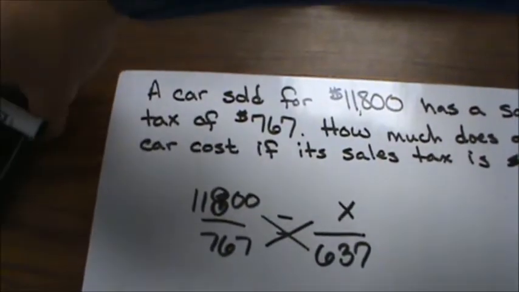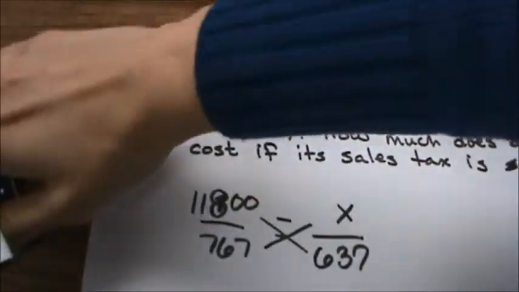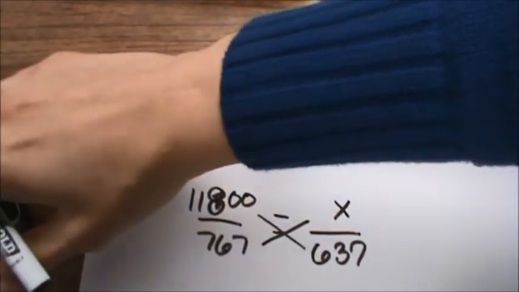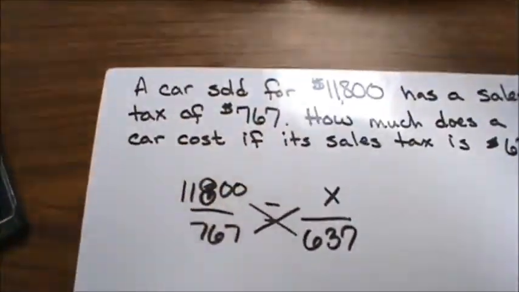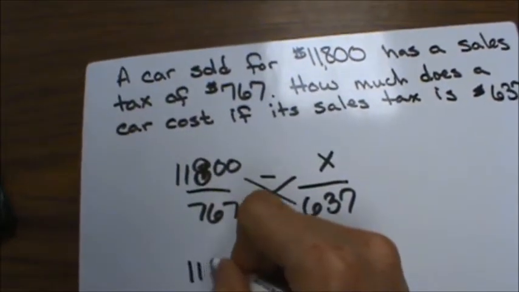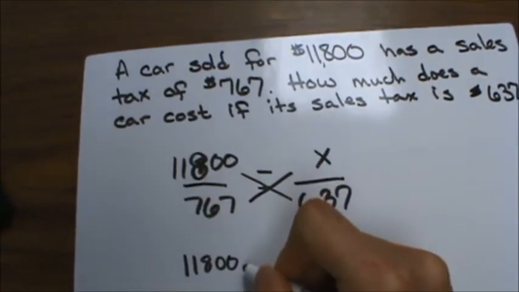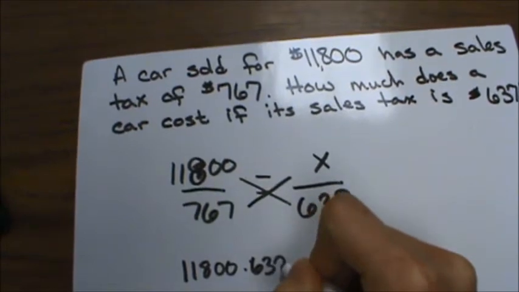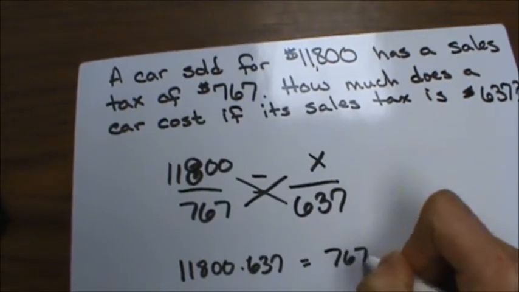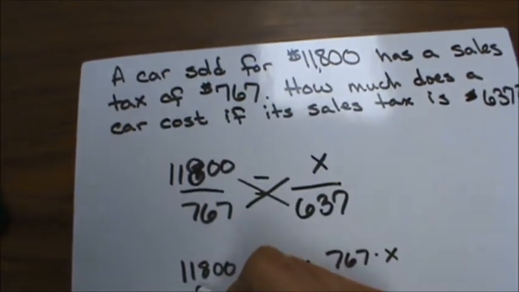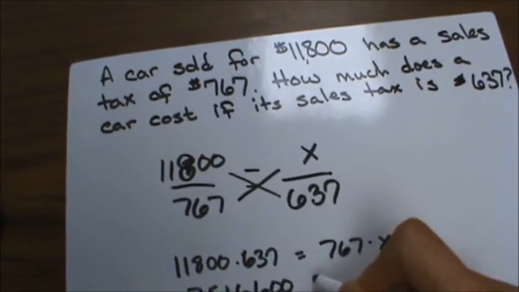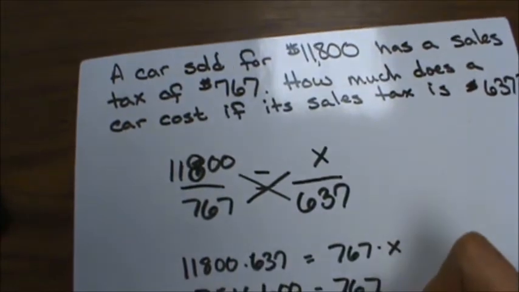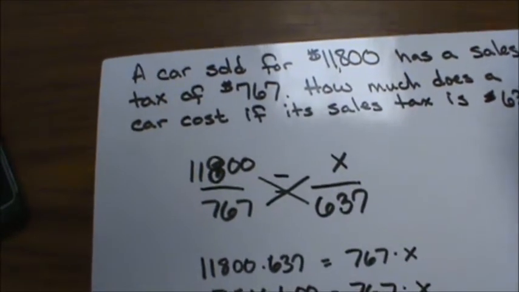And I need my calculator for this one because it's quite a big number. 11,800 times 637 equals 767 times x. This number is quite large, but that's okay because I'm going to divide it by another big number here.